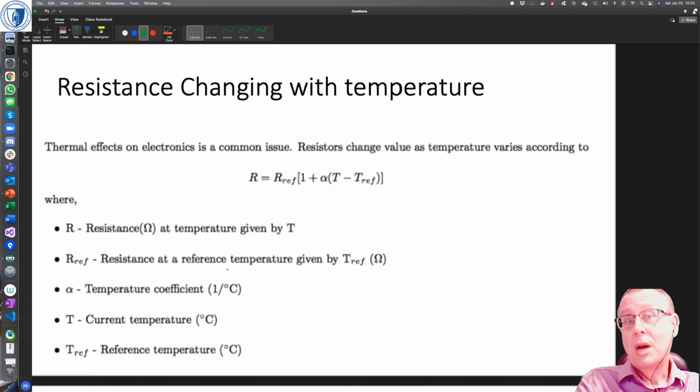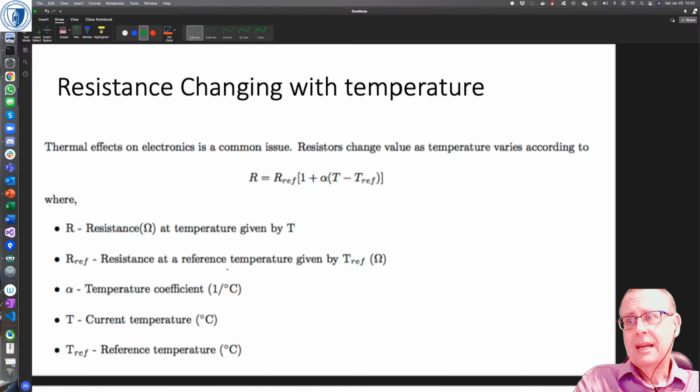This is one reason why, if you've ever heard of the term mil-spec, military specification electronics can be quite expensive: you can't just use standard components. You have to use hardened or thermally stabilized components in order to have them work across a wider range of temperatures.